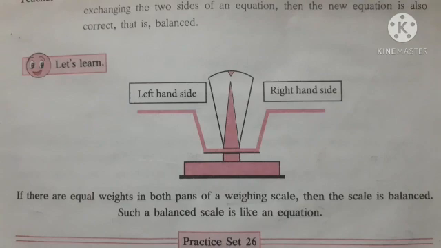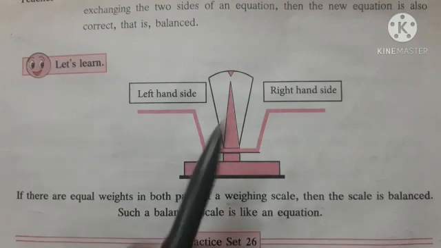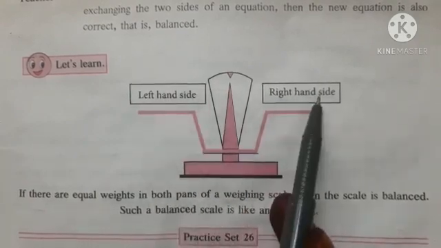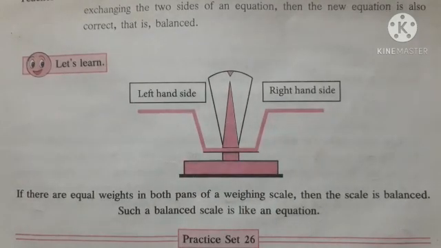So here you can see if left hand side is equal to right hand side, then it is a proper measure. Such a balanced scale is like an equation. Here we can see this midpoint. It states that both the sides have the same weight. So it's a nice example of an equation.